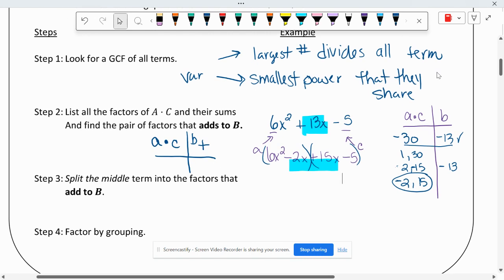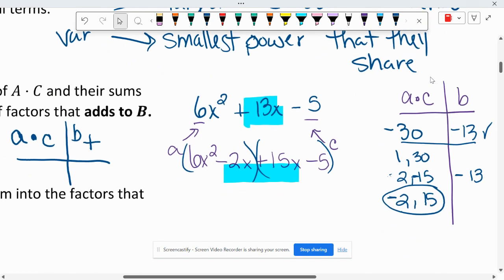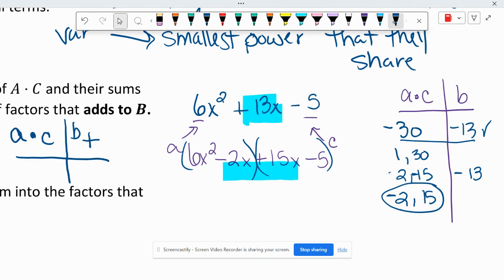What is the greatest common factor between 6x squared and negative 2x? 2x. What's the greatest common factor between 15x and negative 5? 5.